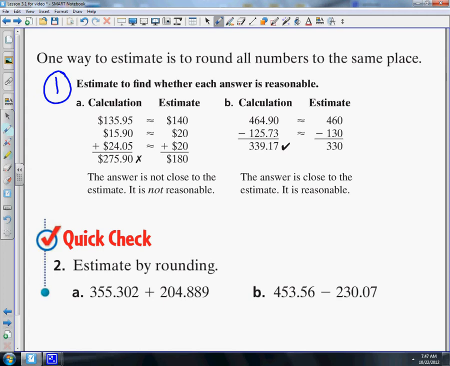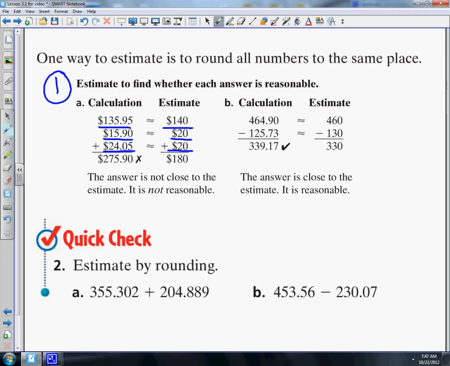This is what I do every single time I go to Meijer or I go anywhere shopping: I estimate how much I'm going to spend in my head. So let's say I bought something for $135. I say that's about $140. 15.9 I say is like 20, and 24 is about 20.